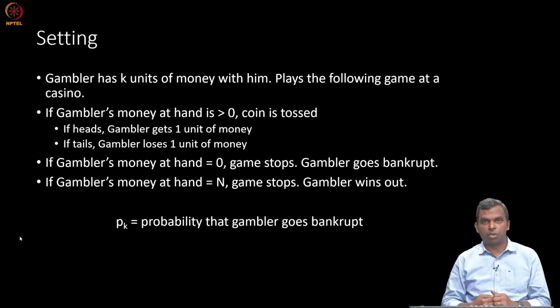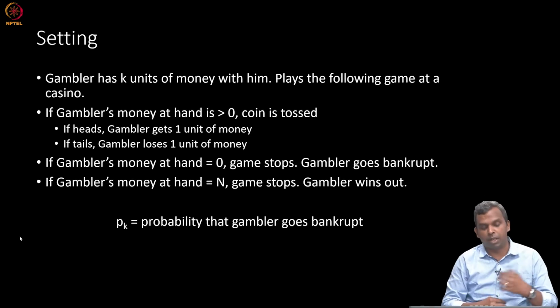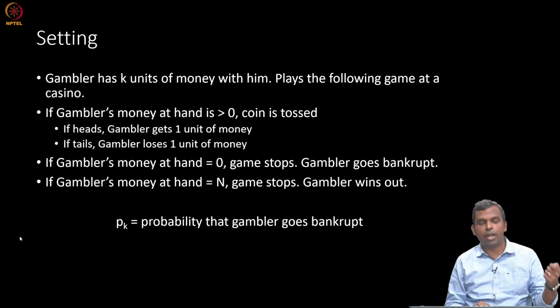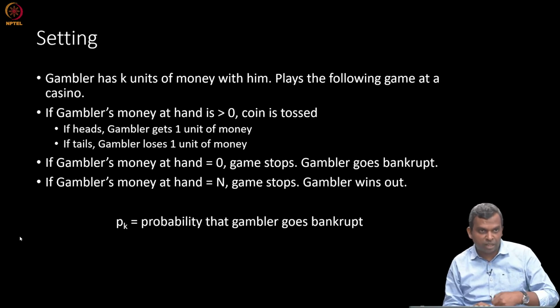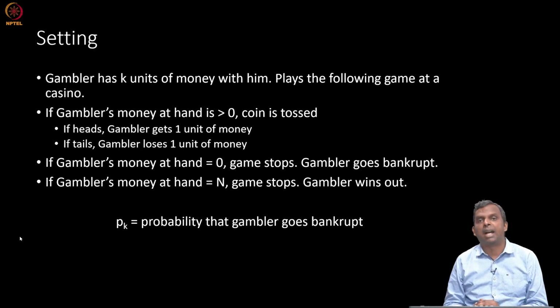The casino gives him 1 unit of money. On the other hand, if the coin toss results in tails, then the gambler loses 1 unit of money. He has to give 1 unit of money back to the casino. Is that okay? So hopefully it's clear.